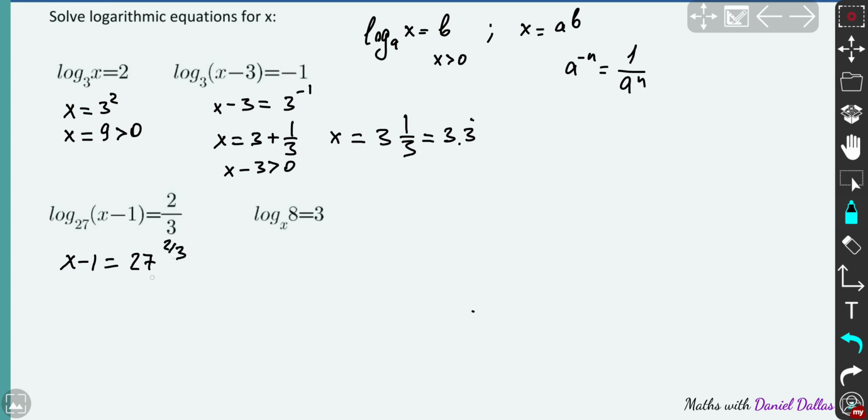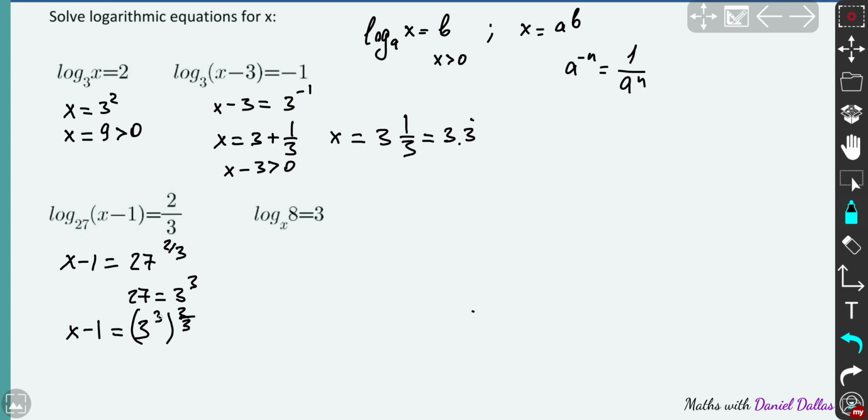Now to simplify that, we can write 27 as 3 cubed, and we'll get the following. So x minus 1 will be equal to 3 cubed to the power 2 over 3. How it works, just remember indices laws and indices properties.